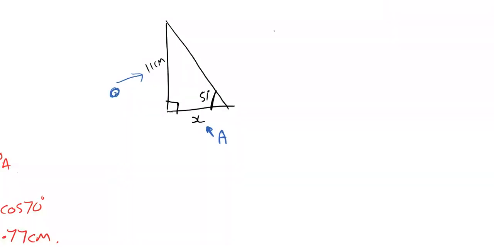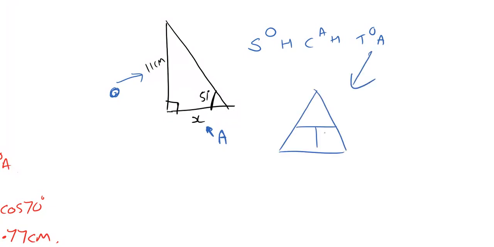We're going to write out our trig relationships again. SOH, CAH, TOA, and now we're going to choose the one that has an O and an A in it. That's going to be our tangent relationship. So we write out the triangle TOA, and we make sure we cover up the thing we're trying to find.